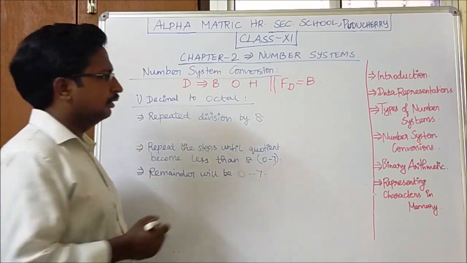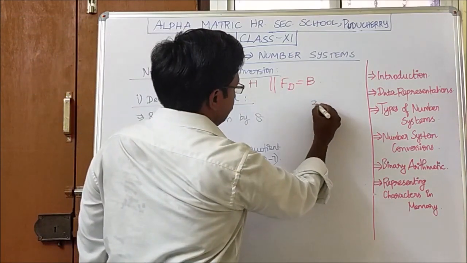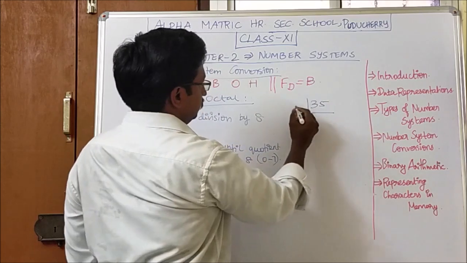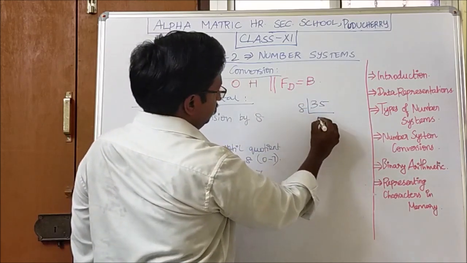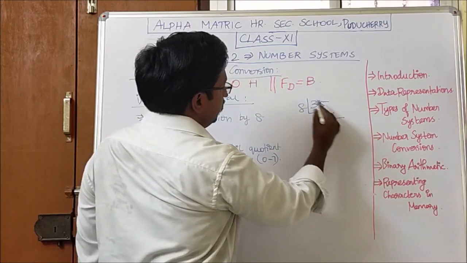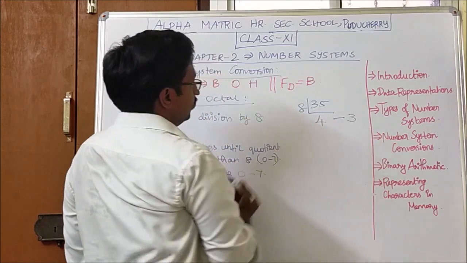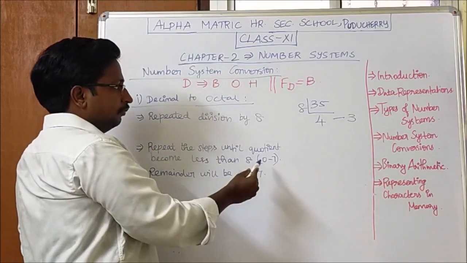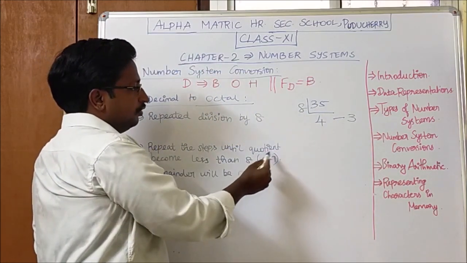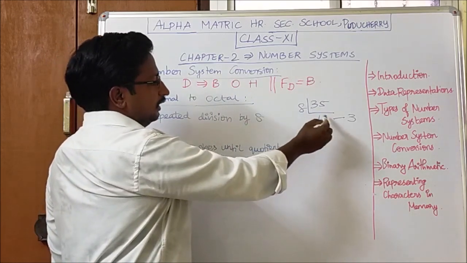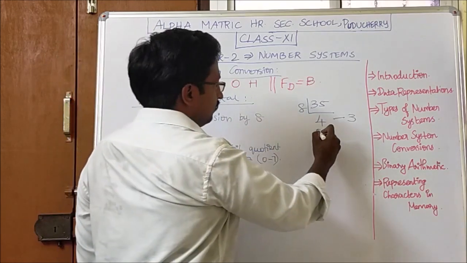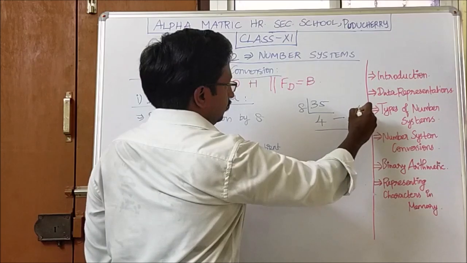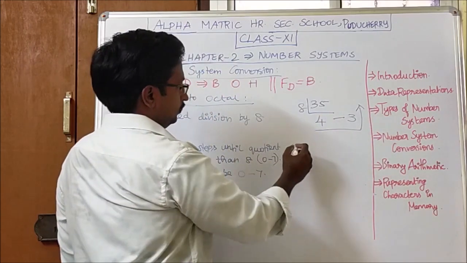So now let us see the example. The same number, 35, divided by 8: that is 4 times, and the remainder is 3. So we have stopped the division. We have received the quotient as less than 8. So again we have to write from bottom to top.